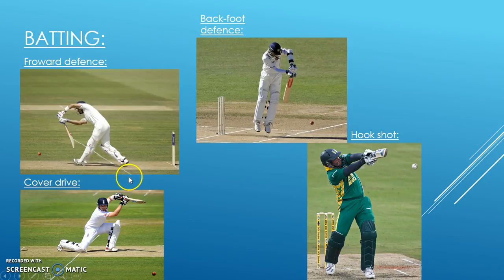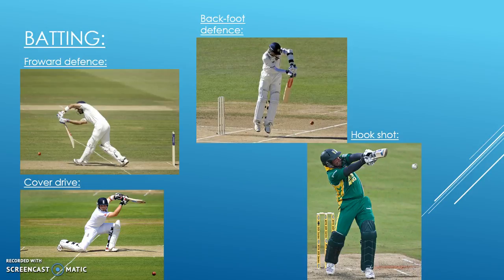This line is called the popping line or the batting line, and the batsman has to have some part of his body behind this line when batting. So he'll take a stance and he'll set up 1 foot behind and usually 1 foot in front.